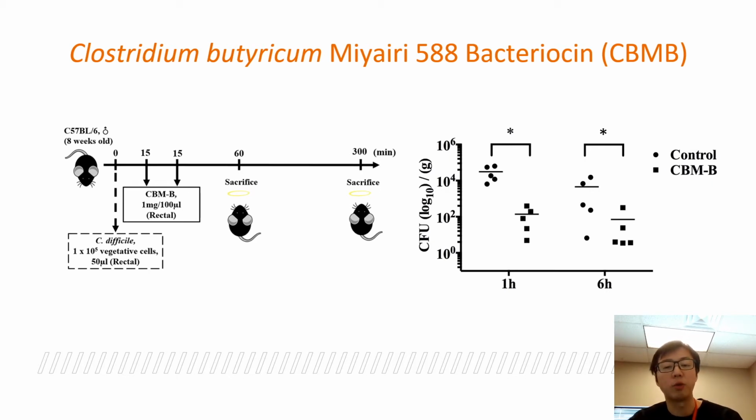We can see that within 1 hour there was a 99% drop in the level of viable C. difficile, and that trend appeared similar 6 hours post inoculation as well, and that's great.